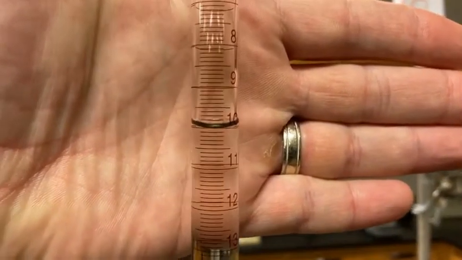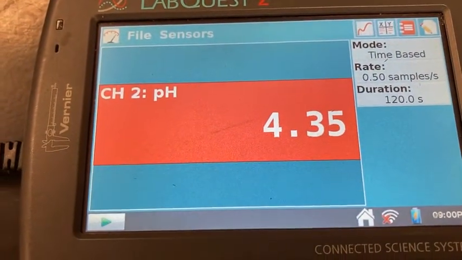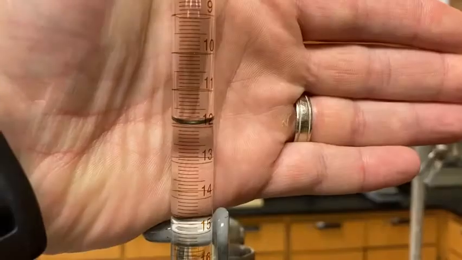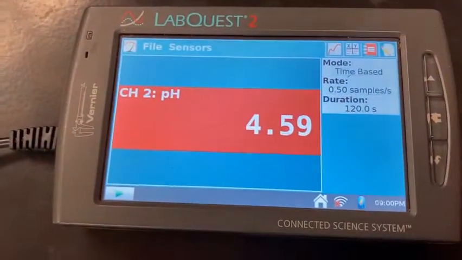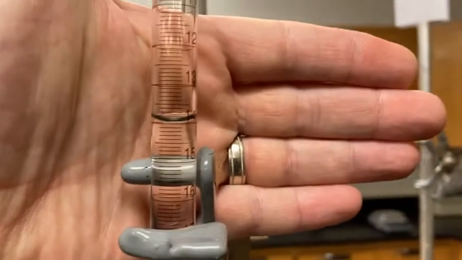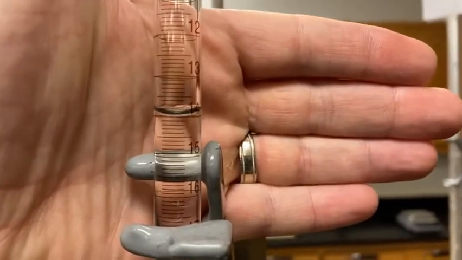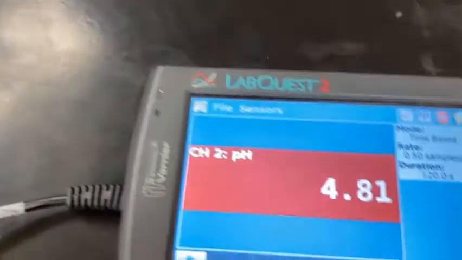Next addition. And our resulting pH. Next addition. Next addition. Getting close to the burette clamp. And the pH.